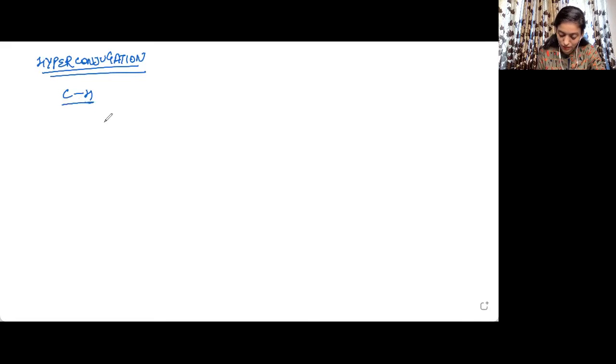Now let us start with an example. So if we have propene, now this is the unsaturated system, carbon-carbon double bond. The carbon next to the unsaturated system, if it is having C-H bonds, will release its electrons towards the unsaturated system, and this interaction is known as hyperconjugation.